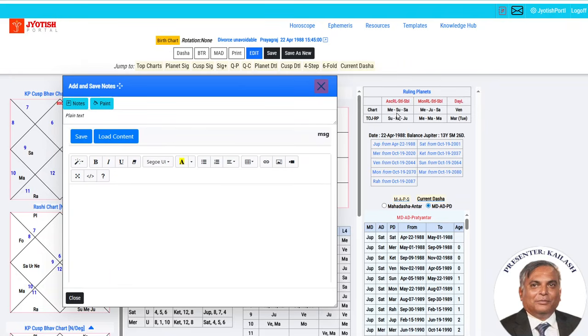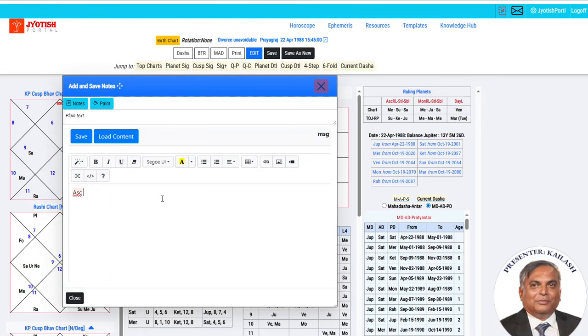The ruling planets on the birth chart, that you find over here. So you can find these ruling planets. We are only concerned with what Professor Krishnamurti has mentioned about these ruling planets, and we are just concerned with the 5 ruling planets.